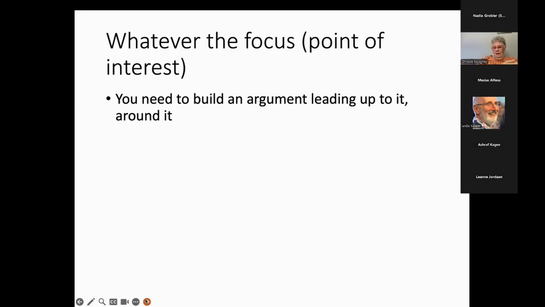So you have to build that argument, and that argument is the greatest part of your journal article, and then you bring in whatever you found about the point of interest. So that argument is critical to the success of your journal article.